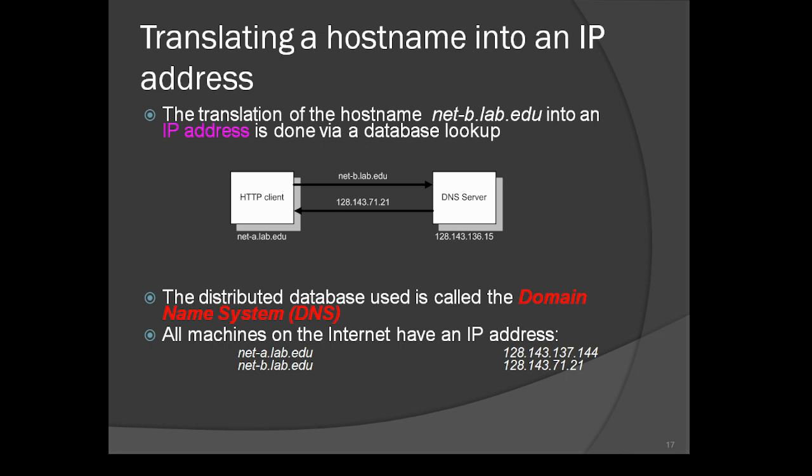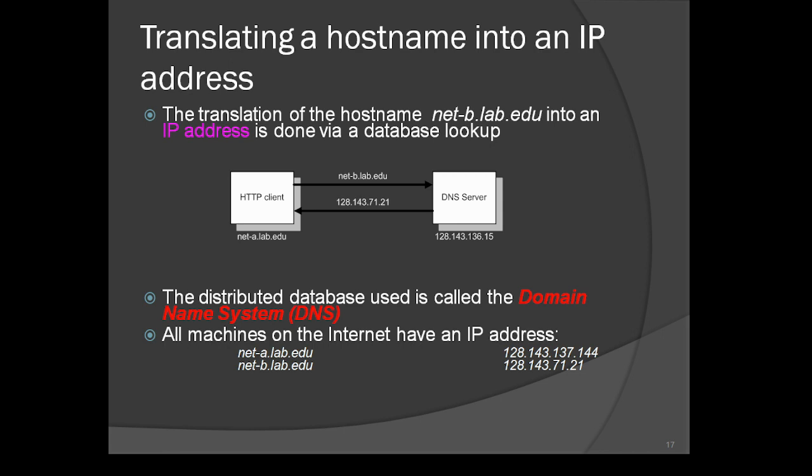The translation of the hostname netb.lab.edu into an IP address is done via database lookup. The HTTP client will look at the DNS server configured on the computer, the configuration with the IP address, subnet mask, default gateway, and DNS.